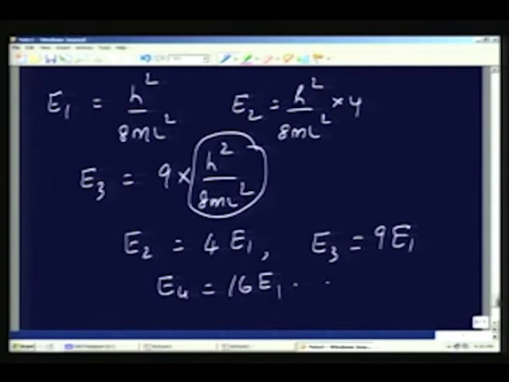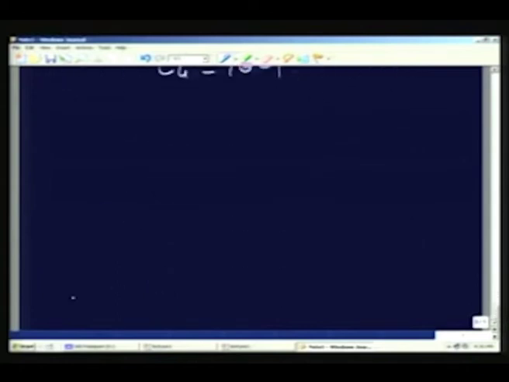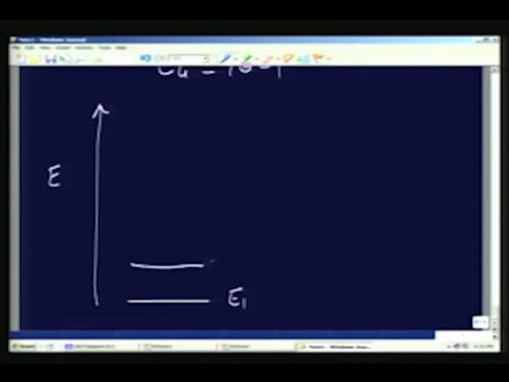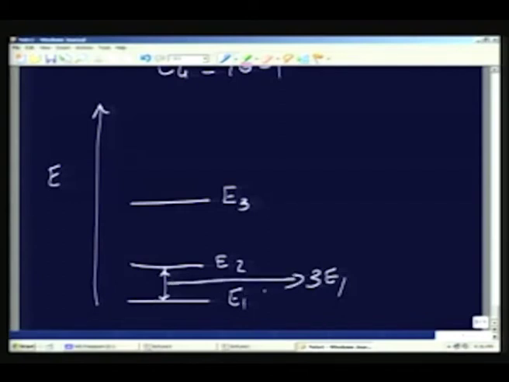Okay. Therefore the energy level diagram, if you draw it, with increasing values of energy, if this is E1, E2, the difference between E1 and E2 is 3 E1.